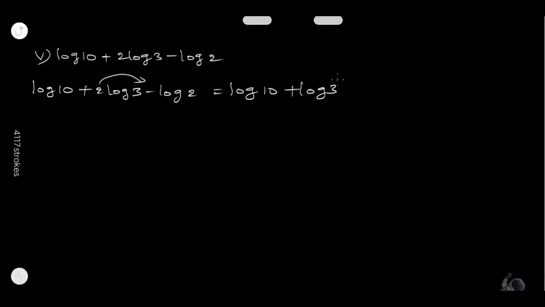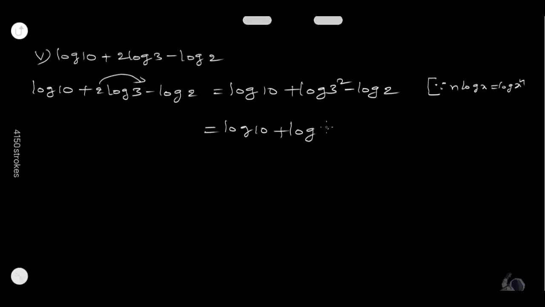So log 3 square minus log 2. Here we have applied the power formula n log x equal to log x to the power of n. So equal to log 10 plus log 3 square, 3 square means 3 into 3, 9, so log 9 minus log 2.